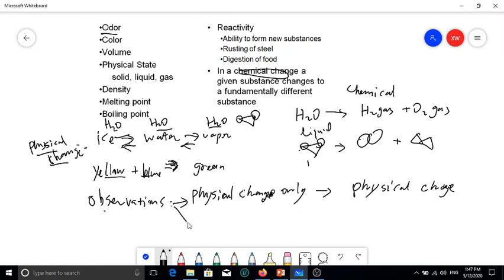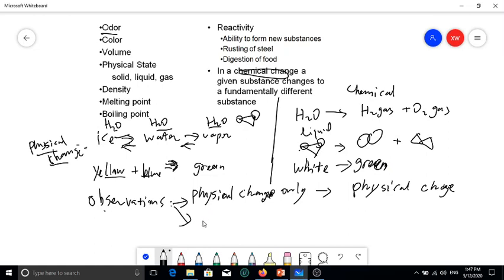Now you can also have some physical change, such as, I see the color change. I see something that's white, and after a while it turns into green. Now you may say that's a physical change, but it's a physical change that normally wouldn't happen. That's a physical change indicating the chemical is actually now different.